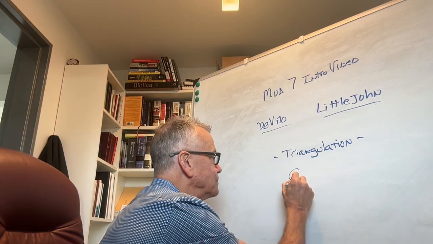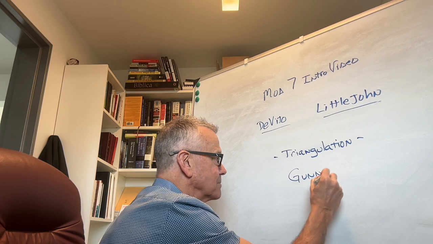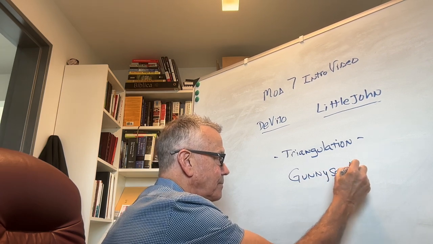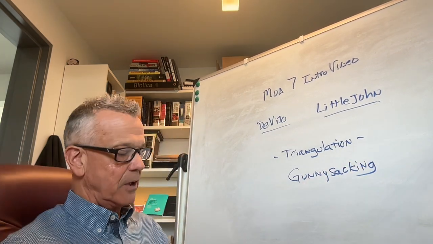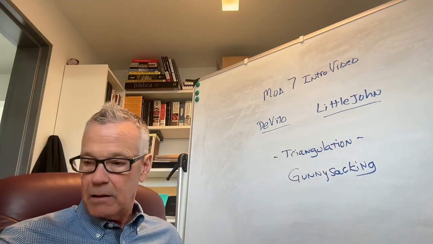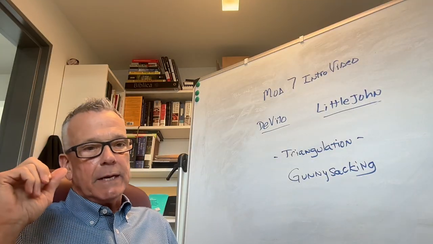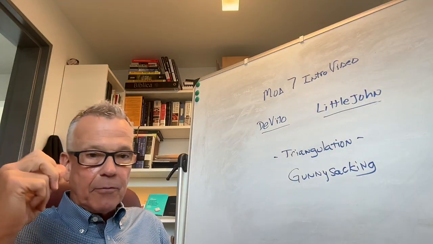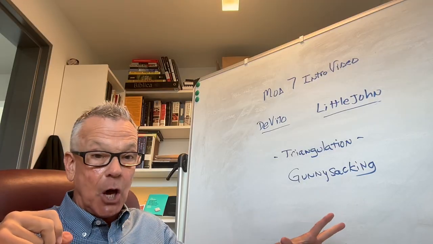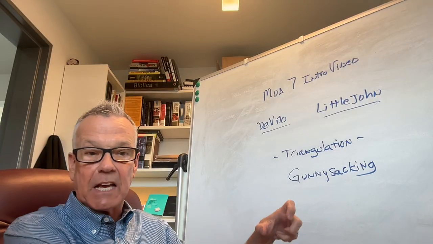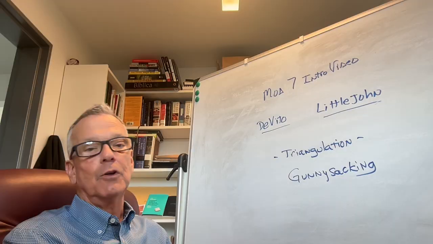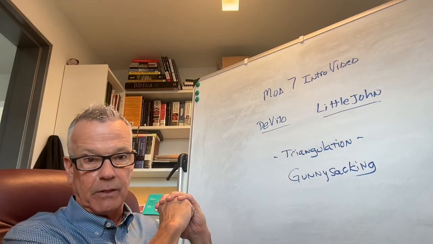Here's the other item. Gunny sacking. Gunny sacking is this conflict resolution thing that people like to do where, here you go. It's kind of a form of avoidance. They won't let something go, but they won't bring it up, but instead they collect it in a metaphorical gunny sack that they carry around with themselves all the time.